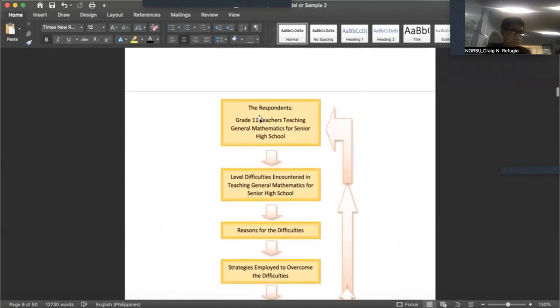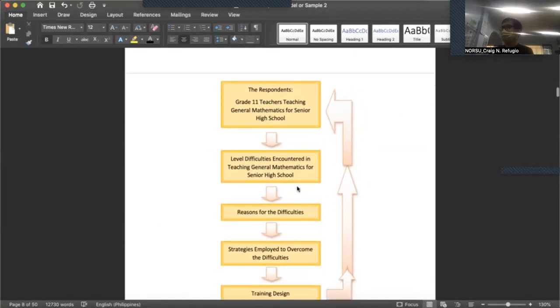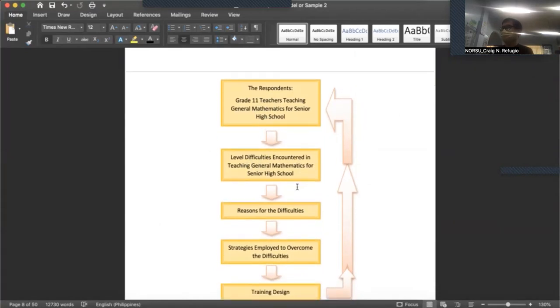So we start with the respondents of the study. So in here, you're going to mention the respondents of the study. And all of you have different respondents of the study. That's my assumption. And then next is level of difficulties encountered in teaching general math for senior high school.